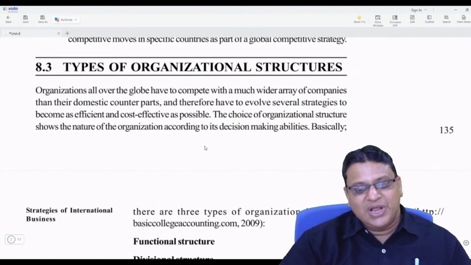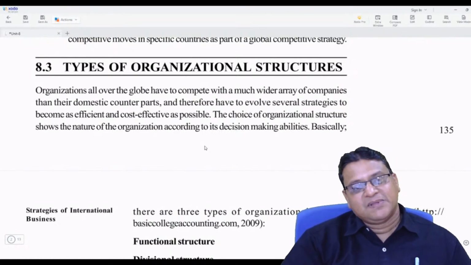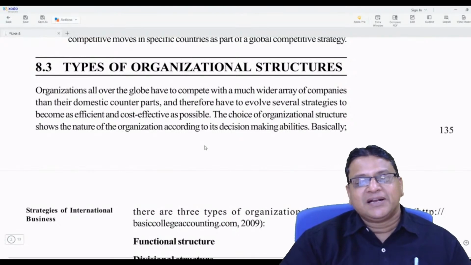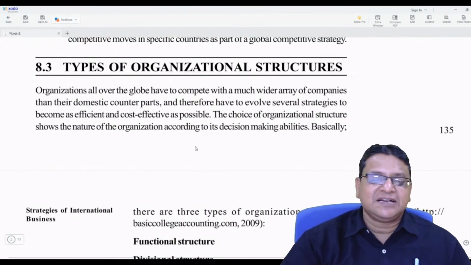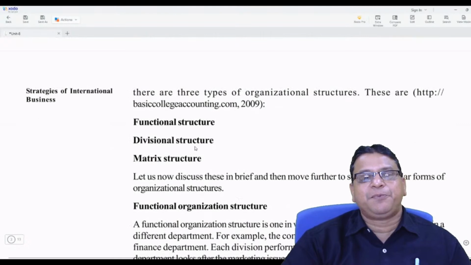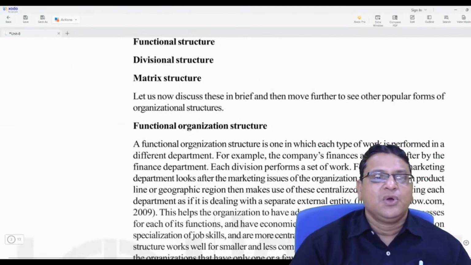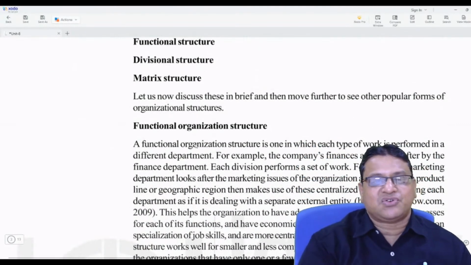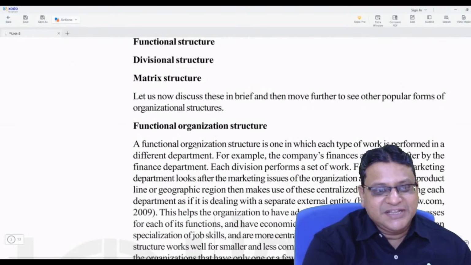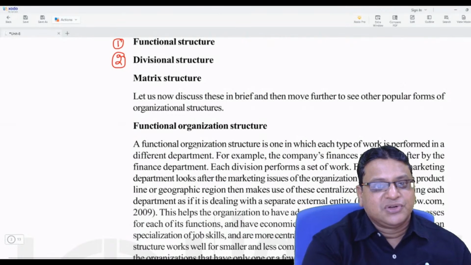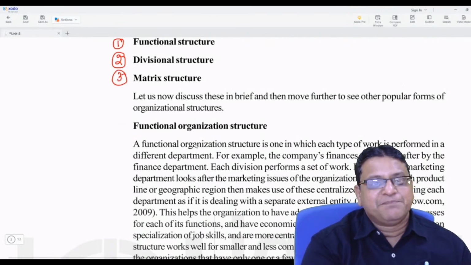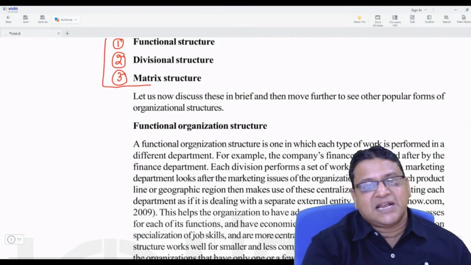Organizational structure is of three important types. What are those three types? One is functional structure. The second one is divisional structure. The third one is matrix structure. So these are the three basic types of organizational structure.